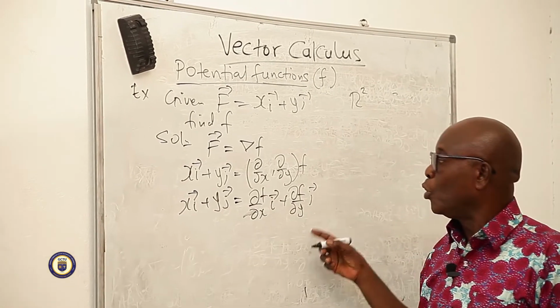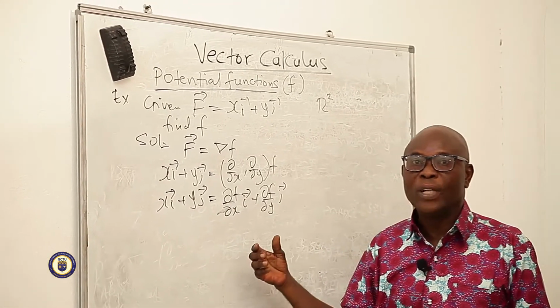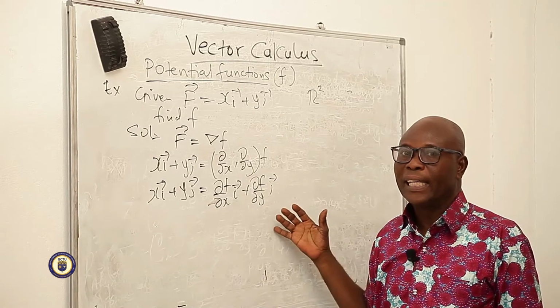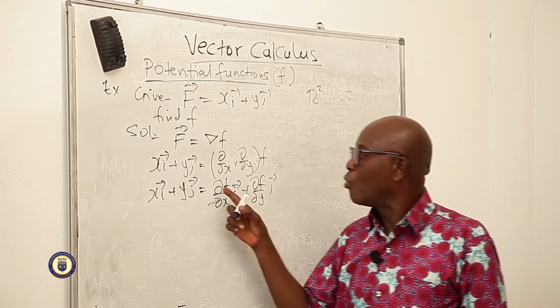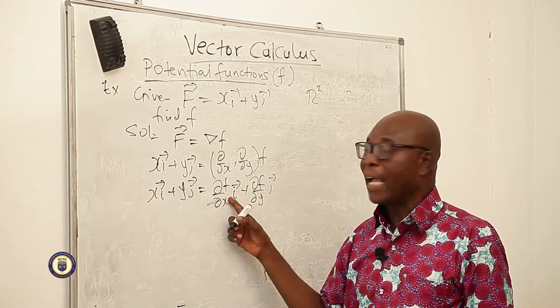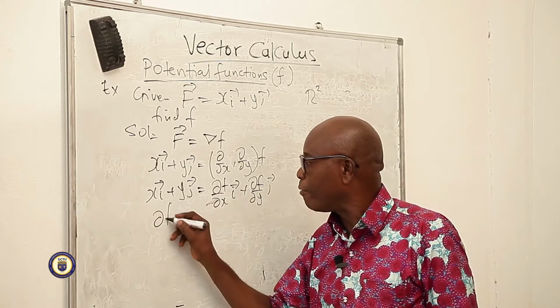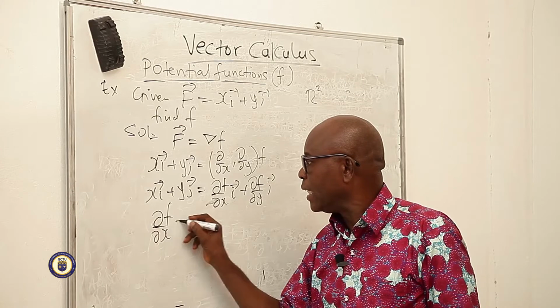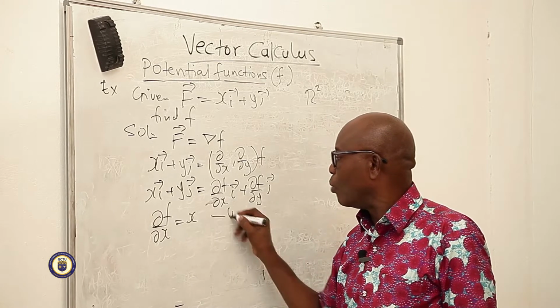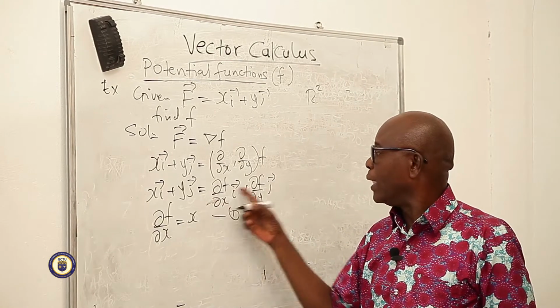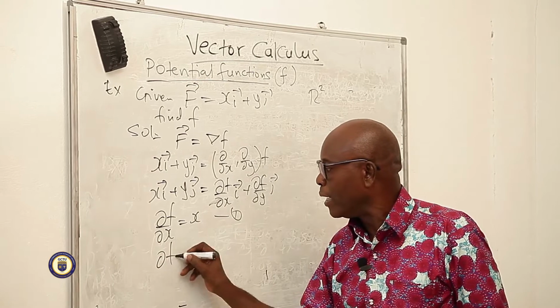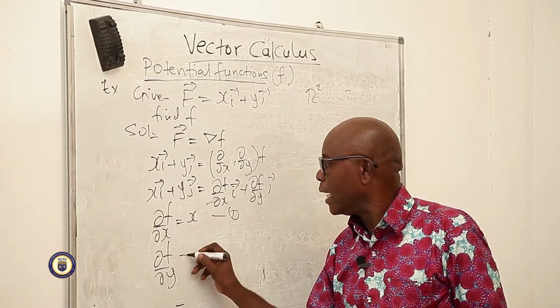With this equation, we need to equate like terms. We equate the i terms together. So the first term will be partial f, partial x equal to x. Let's say equation 1. The second one is partial f, partial y, which gives us y.